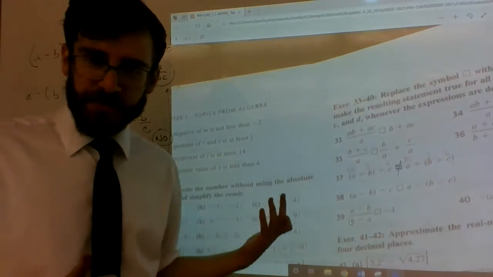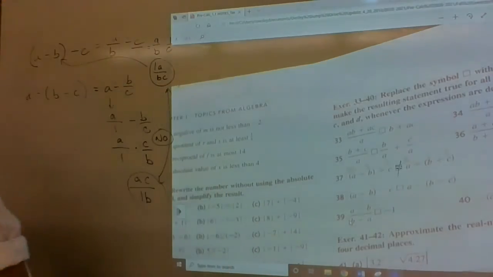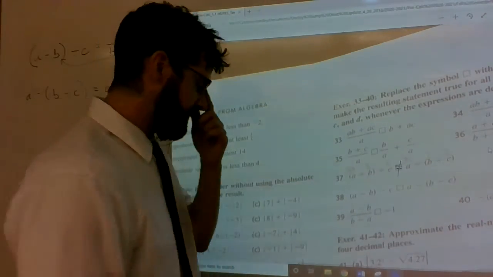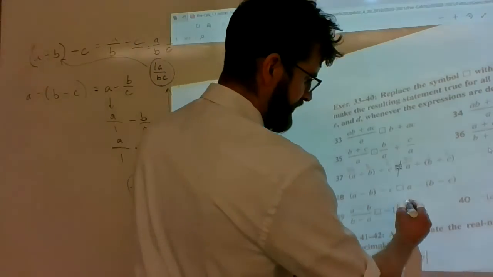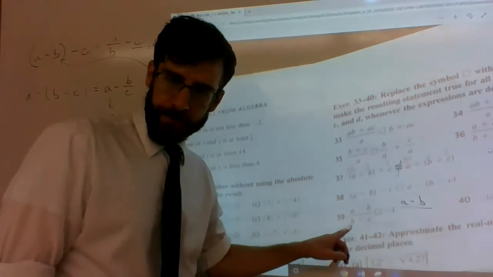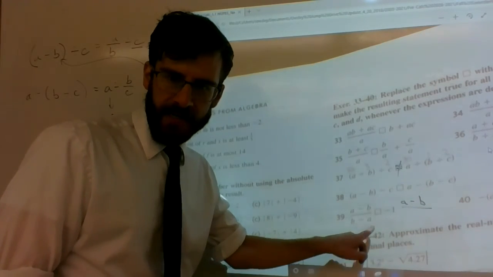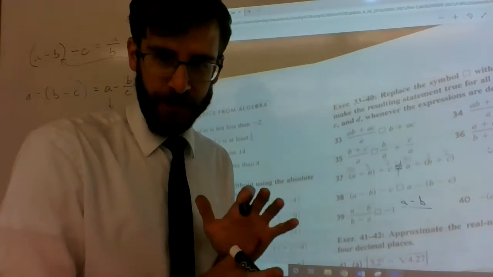All right, on the last one, number 39, all they did was a little factoring trick. A minus B over B minus A. What they did here was they said, what if on the bottom we took the negative out, we factored it out?